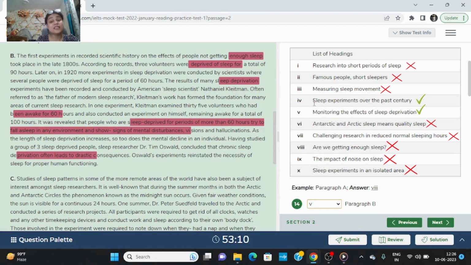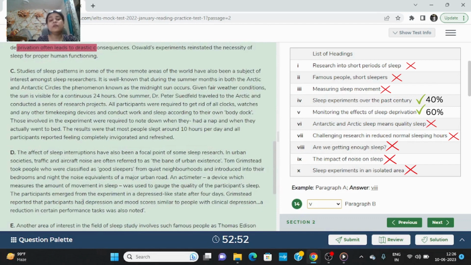If you guys still have confusion that the fourth can also be the answer and the fifth is the most appropriate answer for this, you can write here 60% and 40% over here and then move to the next paragraph. When you read more paragraphs, you will be eliminating more headings, and in the end you will get a clearer idea about which one is the accurate heading for the given paragraph.